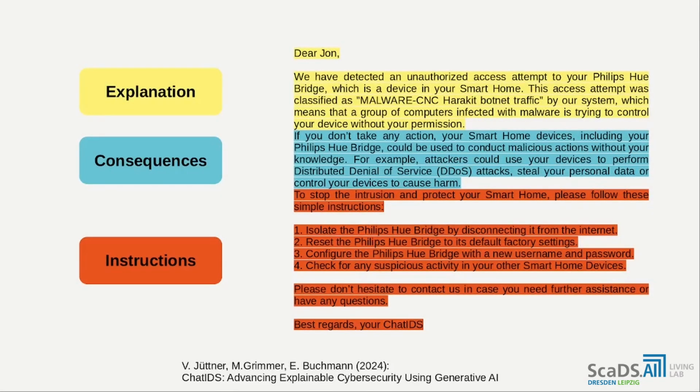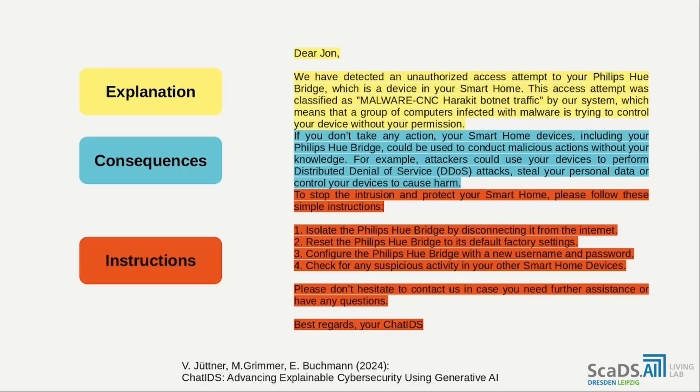Here you can see that we structured our security notifications into 3 parts. First, in yellow, a simple explanation of what is happening to which device right now, what sort of attack is going on. Next, we outline the potential consequences if the user does not take action.